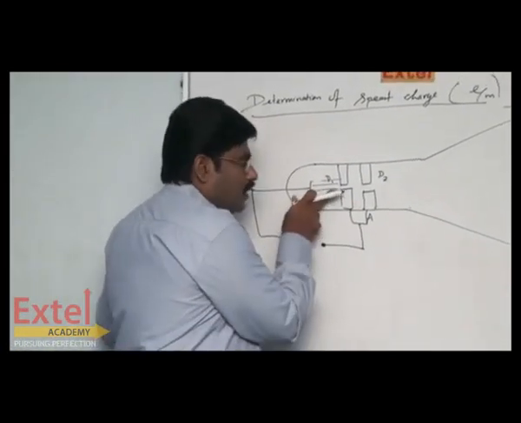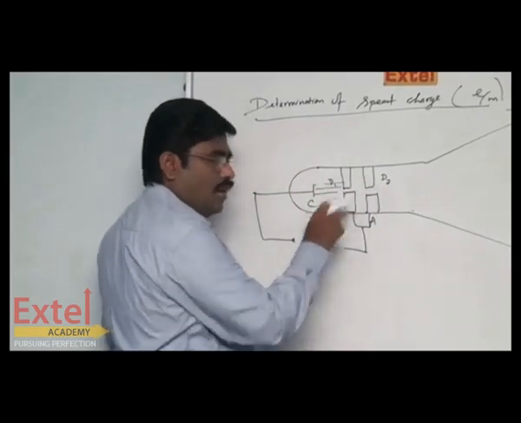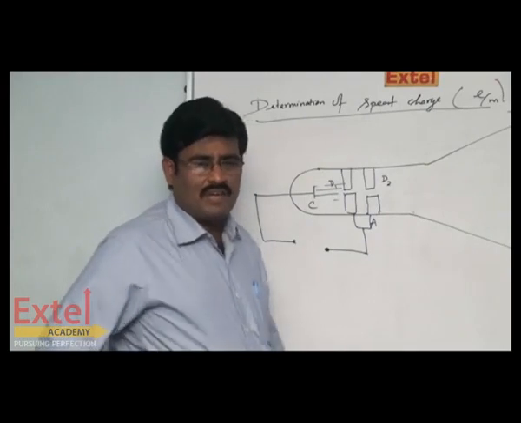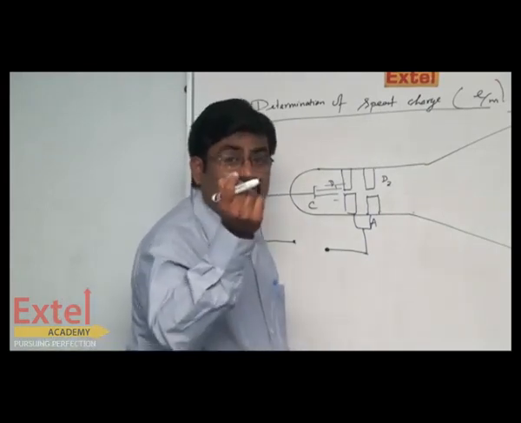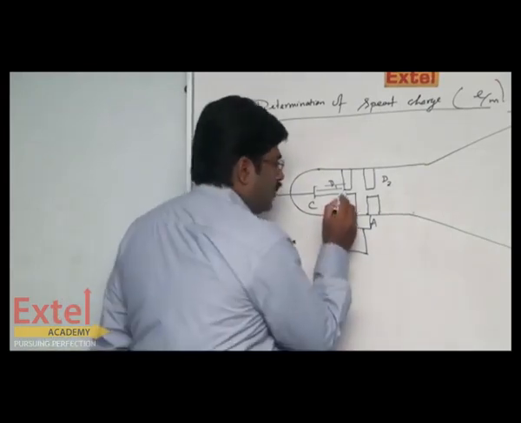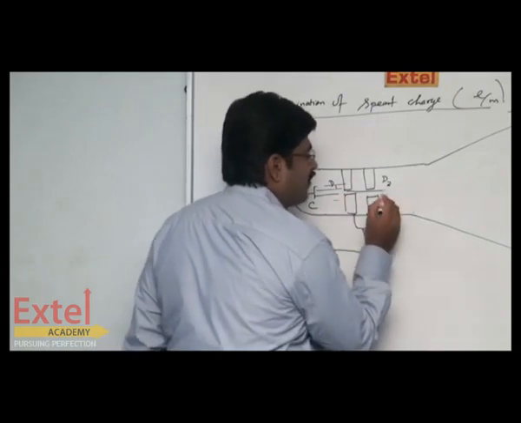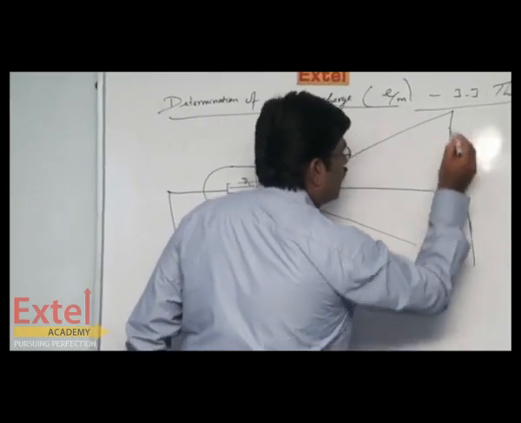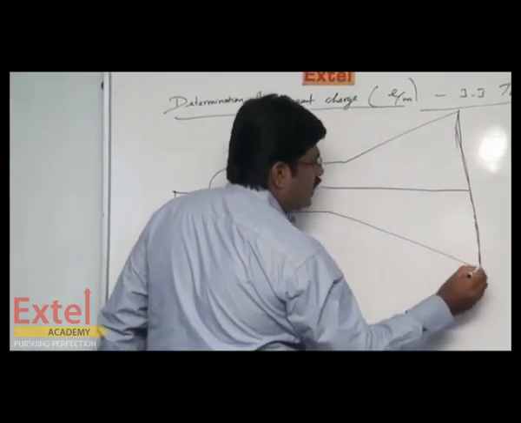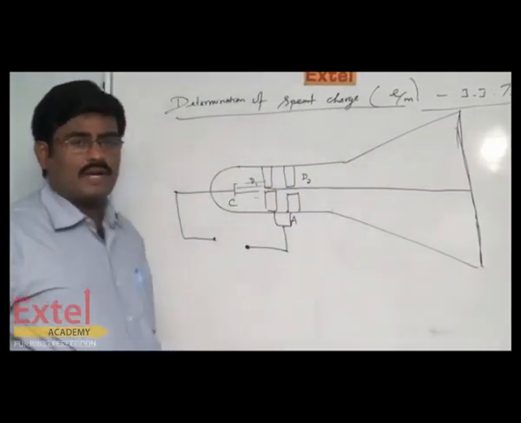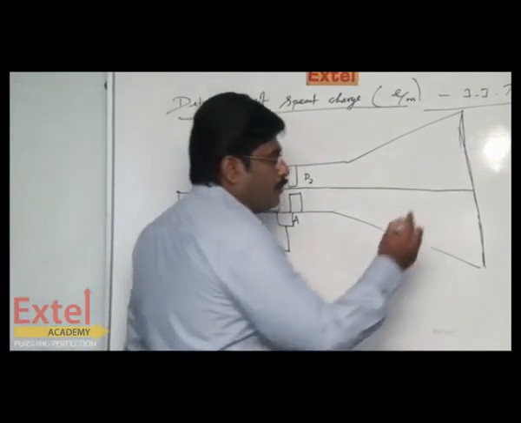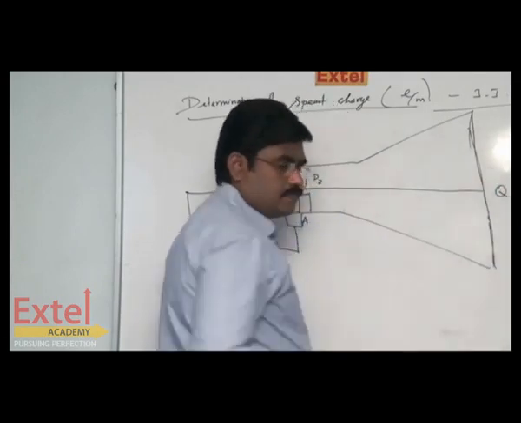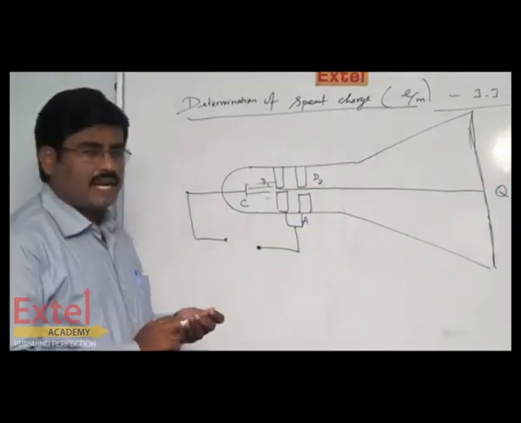So when the electron beam enters the 2 small holes of the diaphragms, it is converted into a fine thin pencil of ray of electron beam, and then it travels in a straight line and hits a flat screen on which some fluorescence coating is provided. So a bright dot is produced, called Q. So this is a very simple arrangement.